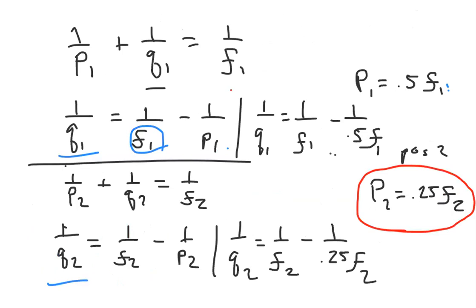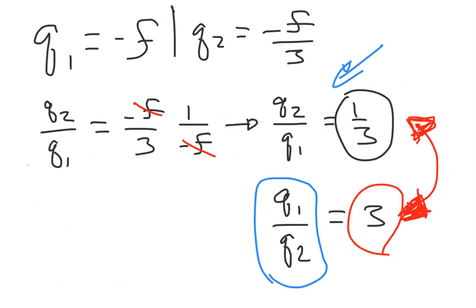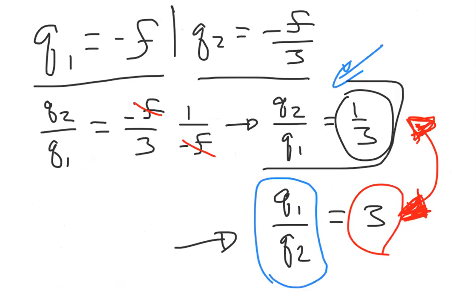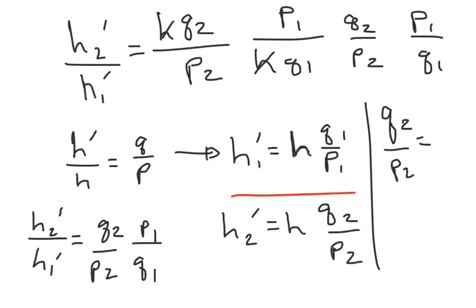Gosh darn it, I erased it too early. But oh wait, no, right here. This is one of them. So we know Q1 is equal to negative F. We know Q2 is equal to negative F3, right? So we know Q1 over Q2 is 3, and we know Q2 over Q1 is 1/3, right? So hold on, this right here we're saying is 1/3, right?